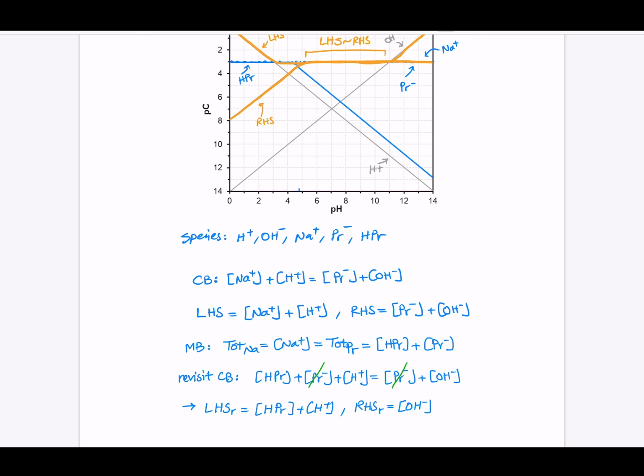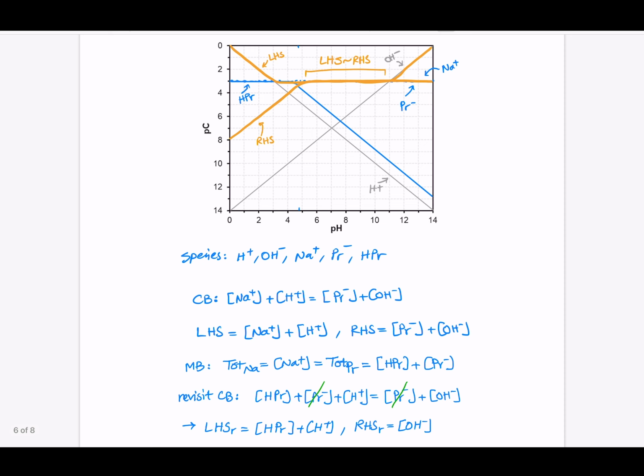So that means the LHS would be, this time I'm using green, whatever is bigger. And that is here H plus is bigger, then HPR is bigger.